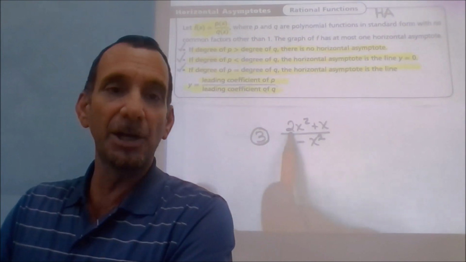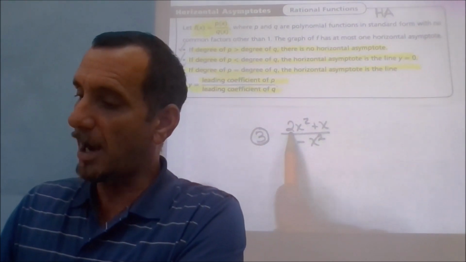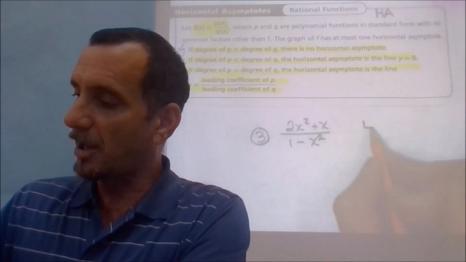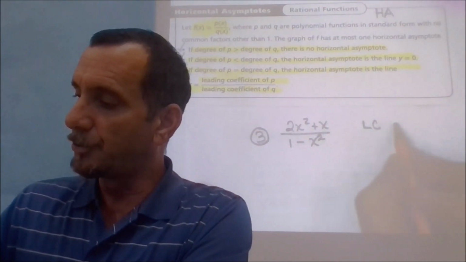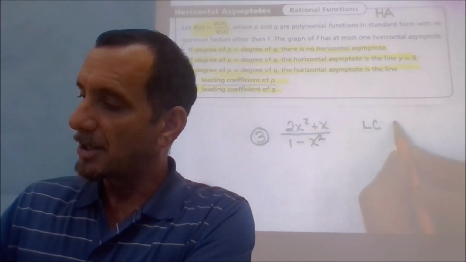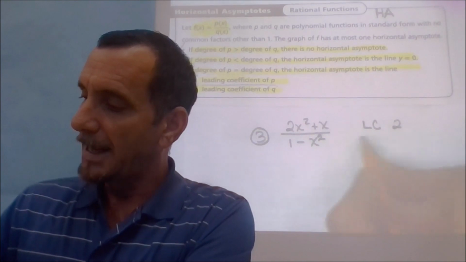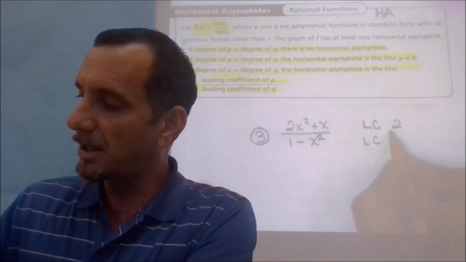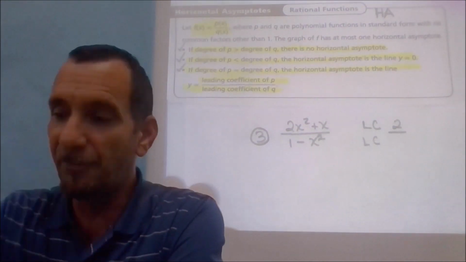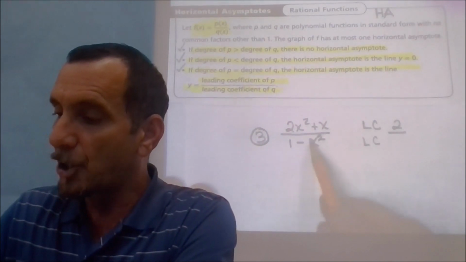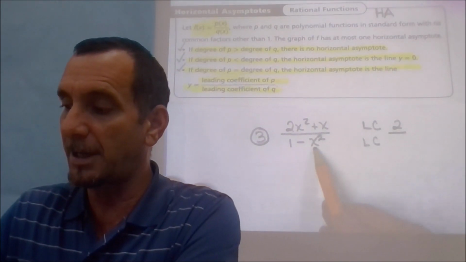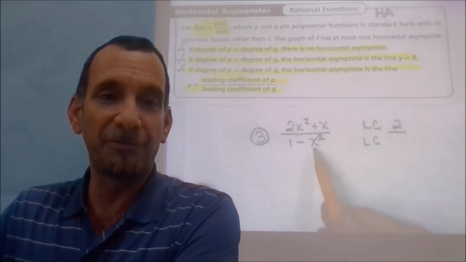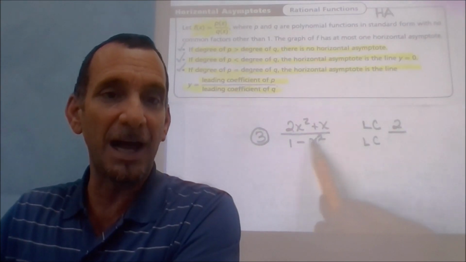So the leading coefficient of the numerator, I'm just going to call it LC, is 2. And the LC of the denominator, you want to be careful because it's the coefficient in front of the variable with the highest degree.